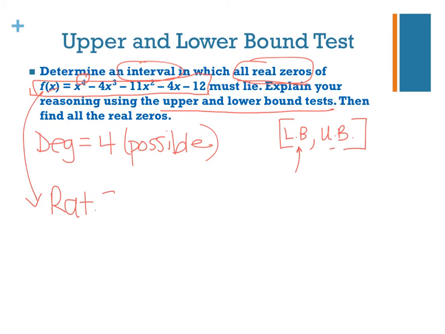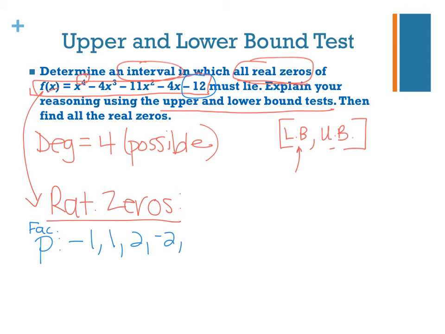And again, the rational zeros come from the constant, which is negative 12, and that's my p-value. The factors of p, all the numbers that negative 12 is divisible by, are negative 1, 1, 2, negative 2, 3 and negative 3, 4 and negative 4, 6 and negative 6, and 12 and negative 12.